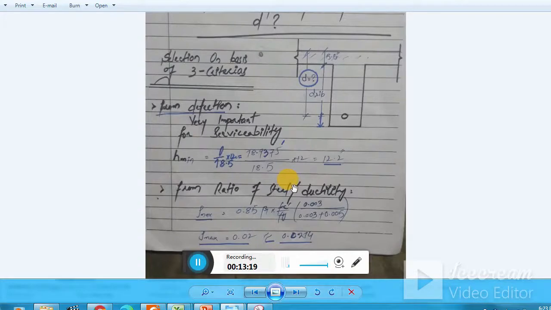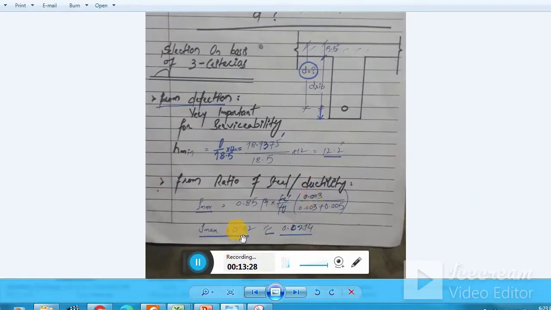Similarly, now you see here rho max. My fc prime is 4 ksi, fy is 60 ksi, and when I plugged in all the values I got 0.02 or 0.01 something. Okay, so I am using 0.0214.